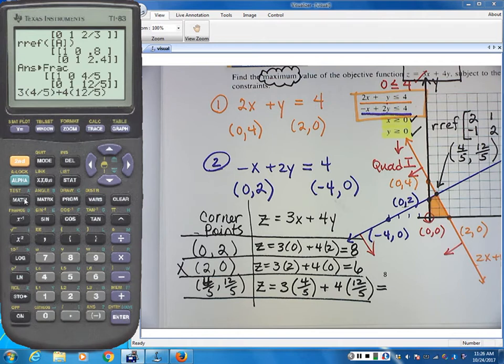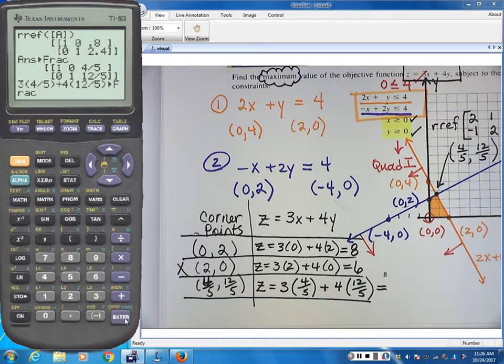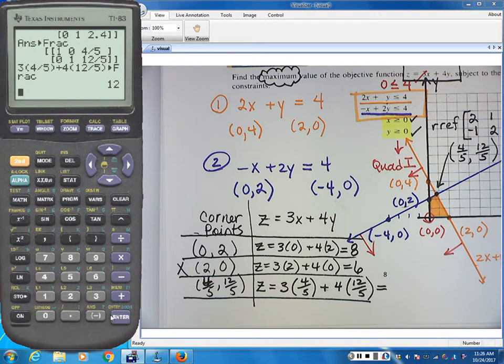And let's just get the answer as a fraction, then we'll get it as a decimal if we need to later on. It actually turns out to be 12. But we get a fraction just in case the answer does come out as an ugly decimal, and we would really like to have an exact answer. So this comes out to be 12.